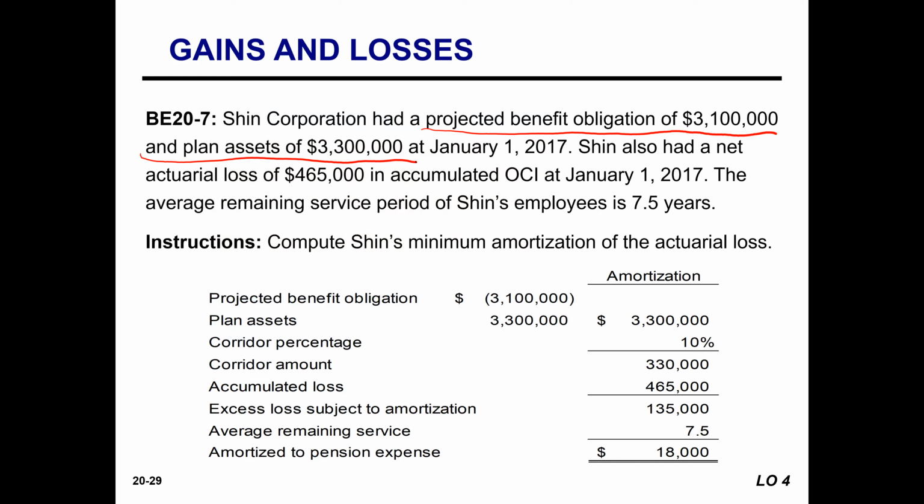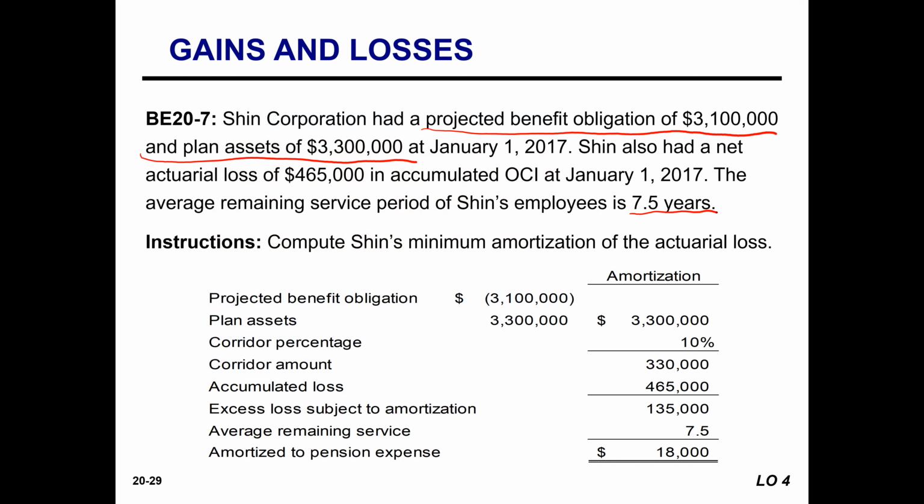Shin also had net actuarial losses of 465,000 in accumulated other comprehensive income at January 1, 2017. The average remaining service period for Shin's employees is 7.5 years. Instructions: compute Shin's minimum amortization of the actuarial loss.